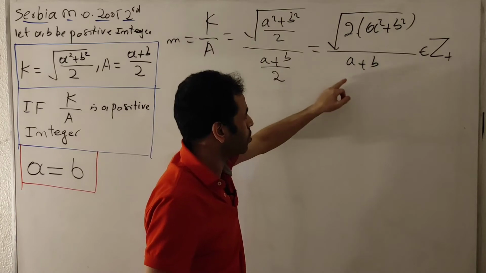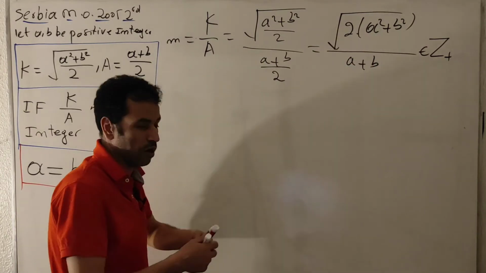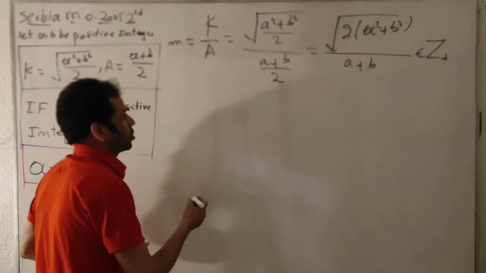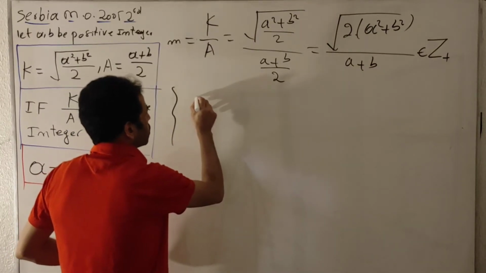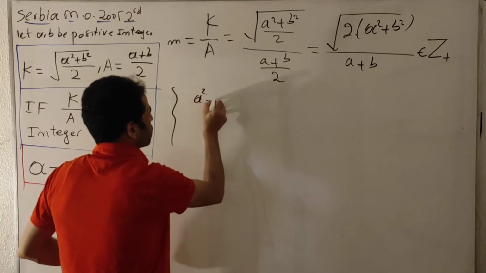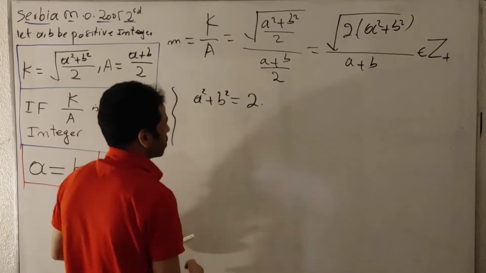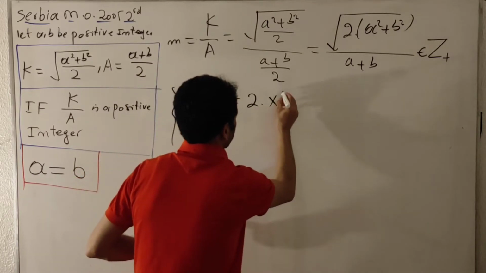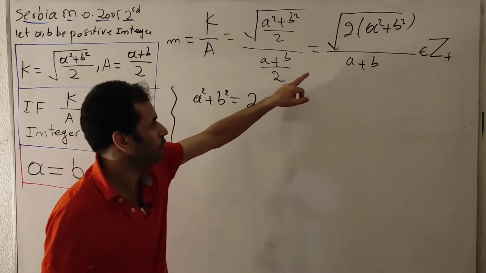So in order to have this term as a positive integer, I will have the following two conditions. The first condition: a square plus b square can be written in this form, 2 multiplied by x square, so that when you apply the square root on both sides, you get rid of the square root.